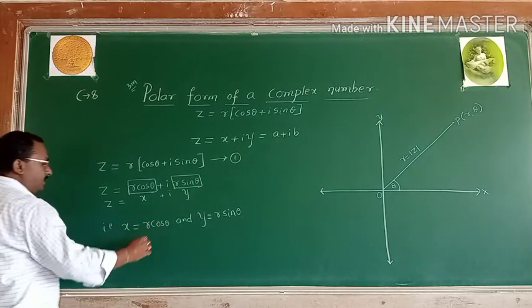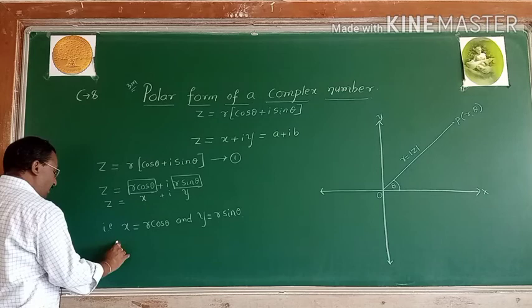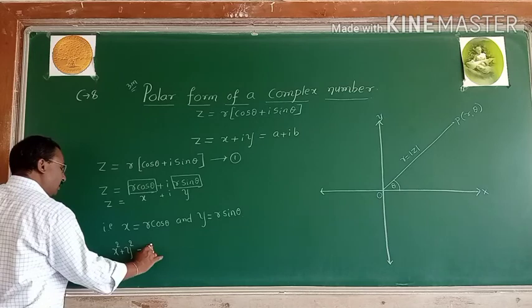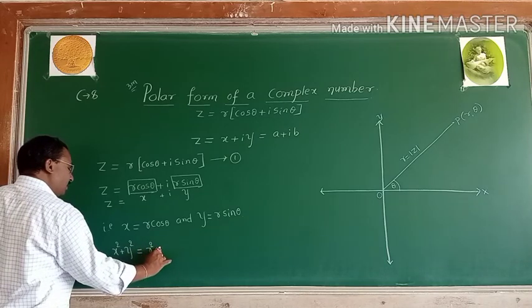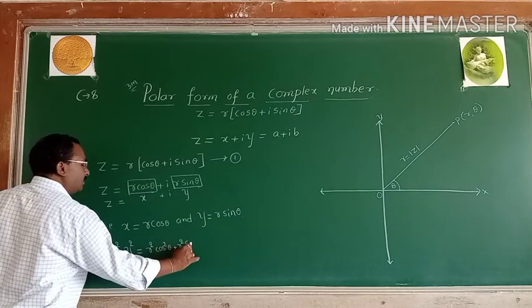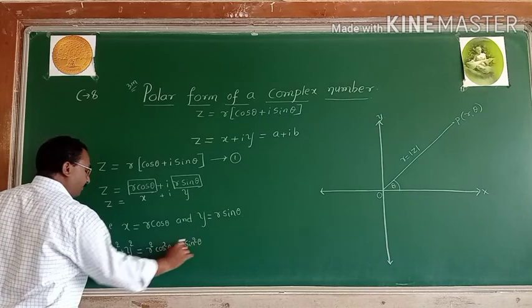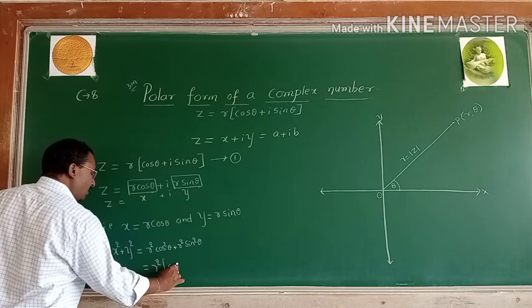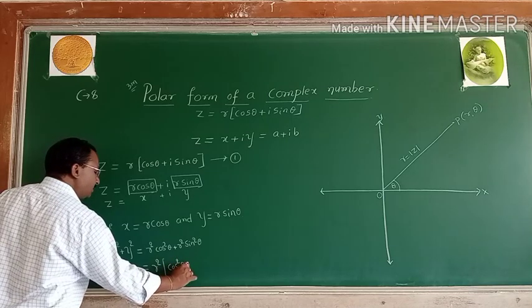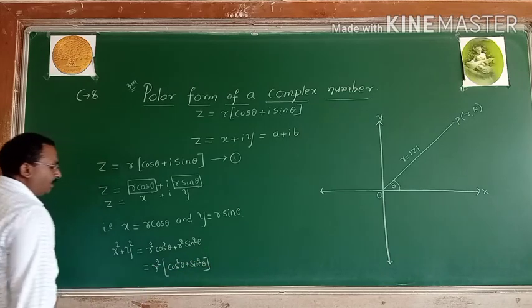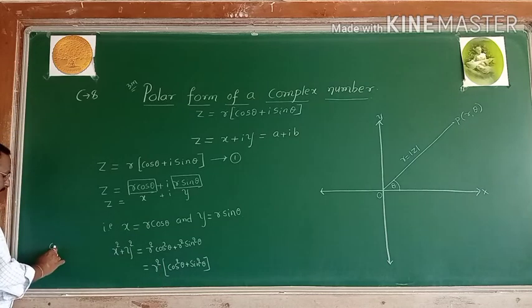Here, x square plus y square is equal to r square cos square theta plus r square sin square theta. Taking r square common, cos square theta plus sin square theta, because cos square theta plus sin square theta is always 1.